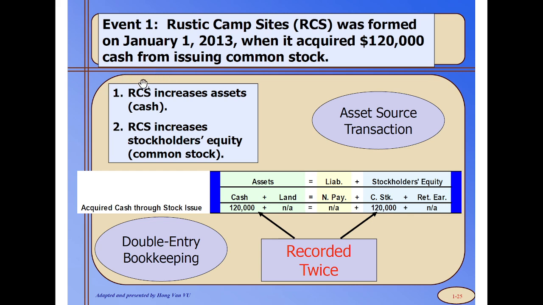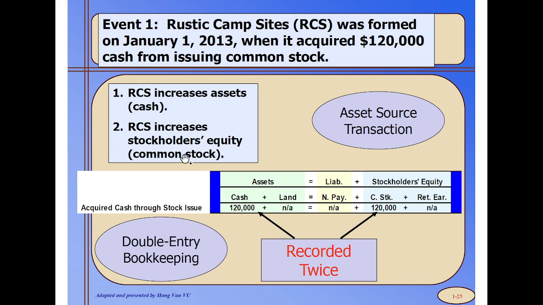So we look at event number 1. We can see that the asset account here, the cash, has increased by 120,000 because now we receive the money contributed by the investor or the owner. At the same time, the company increases the stockholders' equity, another name for which is the shareholders' equity.